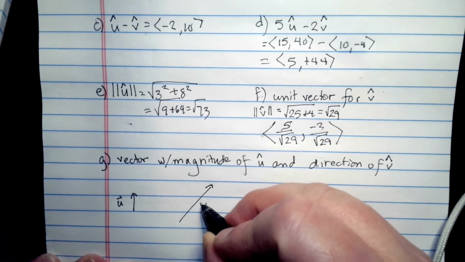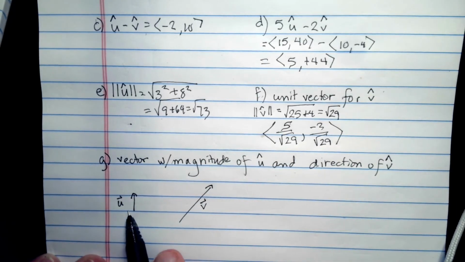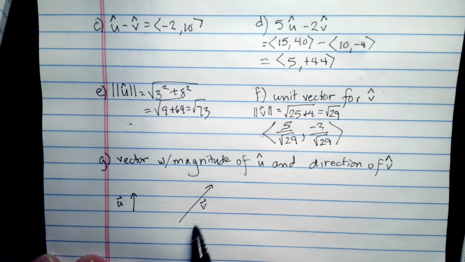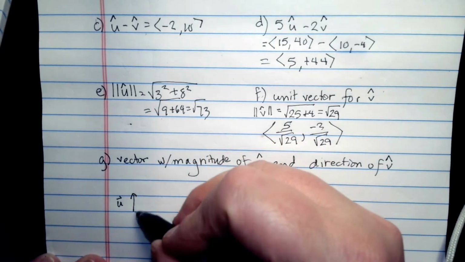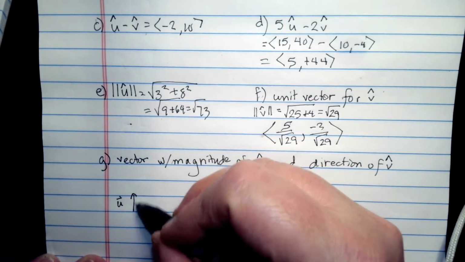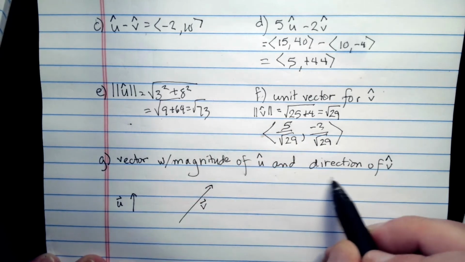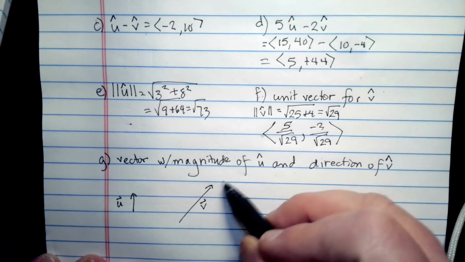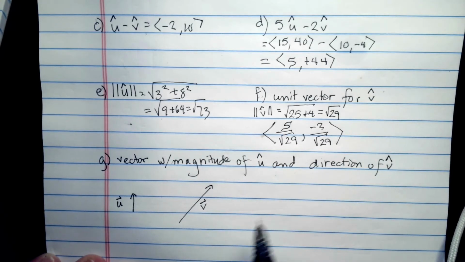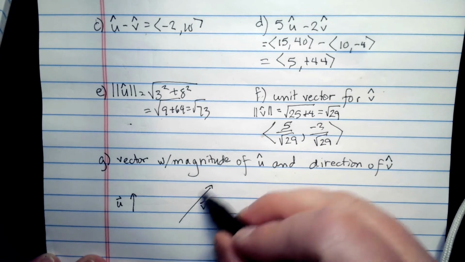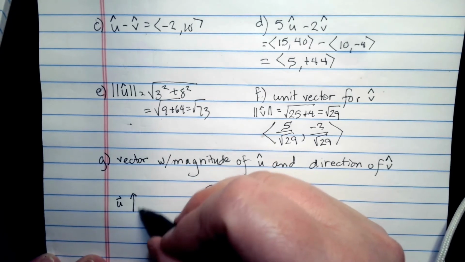So you've got this vector u, you've got this vector v. What we want is a vector that has the same magnitude as this vector, the same length, but the same direction as v. Well, if this vector we're coming up with has the same direction as v, it's parallel to v. So we're looking for a vector parallel to v that has the same magnitude as this.